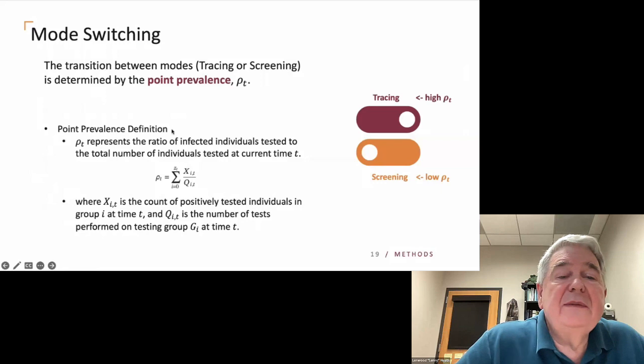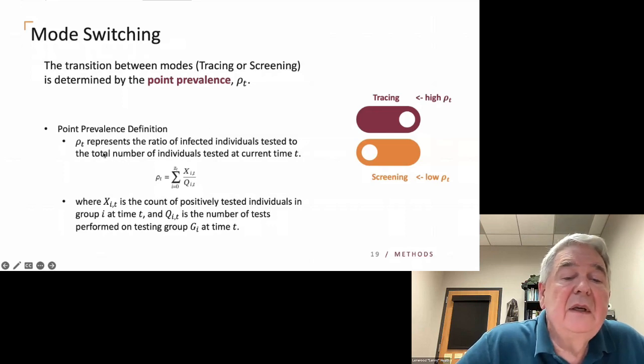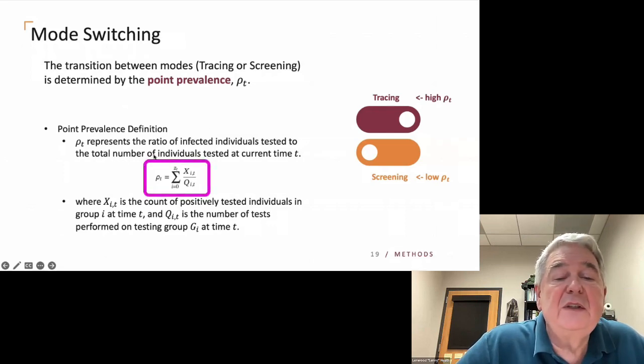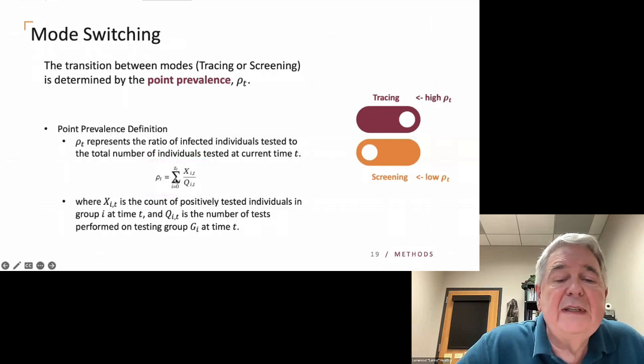The way we decide whether we're in tracing mode or screening mode is by looking at what's called the point prevalence, which is rho of t at time t, the ratio of infected individuals by the number of individuals tested, which is this sum. So rho of t is this sum.